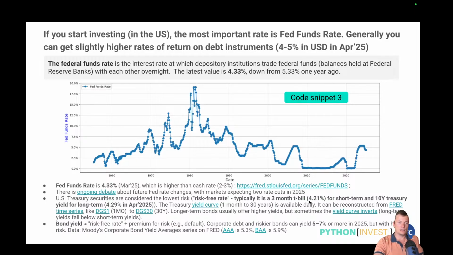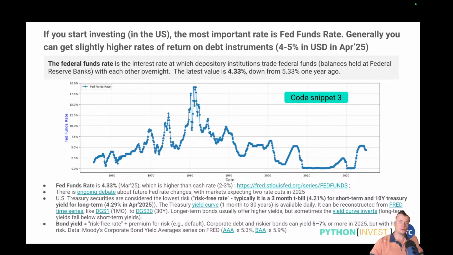And the first thing is bonds. It's not stocks. It's debt instruments. Say if you buy corporate debt or government debt, essentially it's a loan, and they say that they can pay you 5, 6, 7%. It is some rate higher than the risk-free rate, but it has some additional premium for the risk, say risk of default.